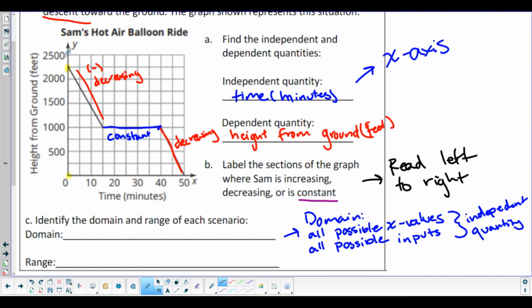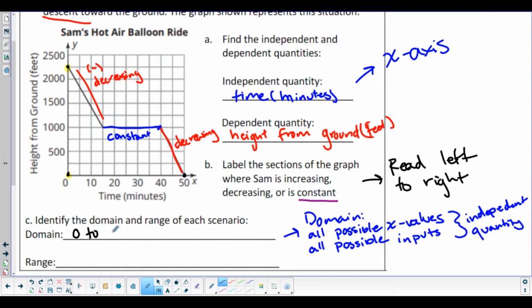So here we go. Our first point where our graph exists is at 0. And so in the domain, the lowest value is 0. And then it goes all the way up until we reach here where our graph stops at 50. Okay. So I'm looking for every place my line exists, and it exists between 0 and 50.